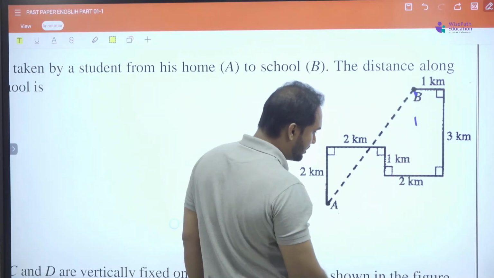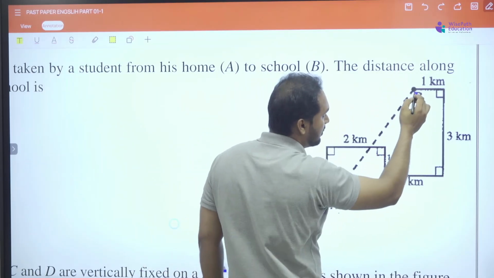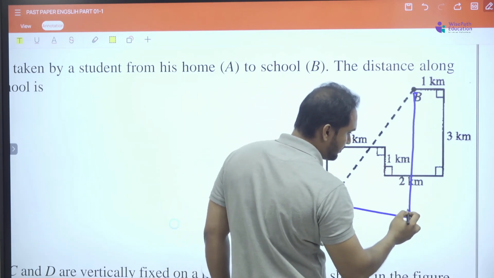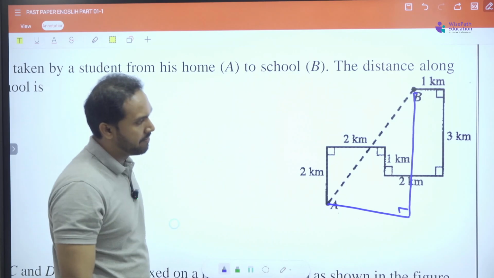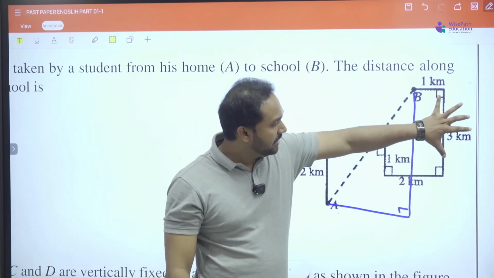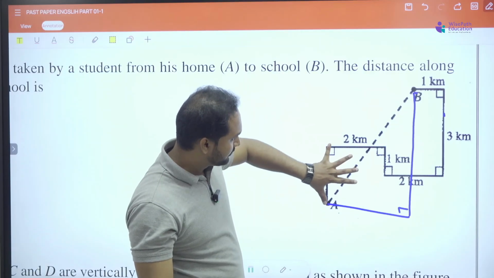If I construct this triangle, what is the height of this side? This is 3, right? This is 2.